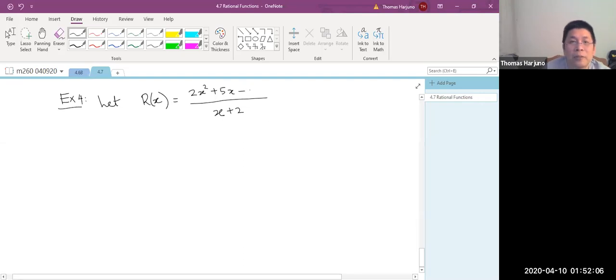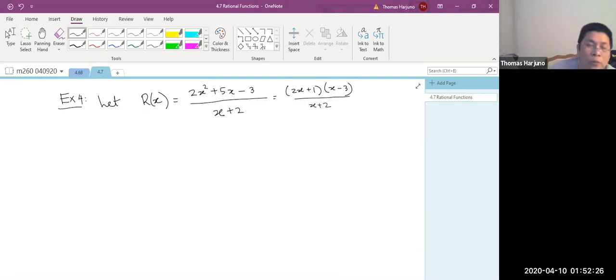Minus 3. So I just try to make it factorable: (2x plus 1)(x minus 3) over x plus 2. Now, because nothing cancels, we know there's no hole.